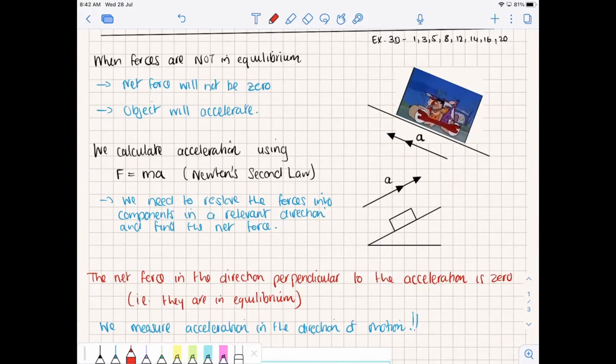Now, if the acceleration was not in the direction of the slope, let's consider a direction that is perpendicular to the slope. If we had acceleration off in this direction, that would mean that the object is going to move in that direction and would be flying off the slope. I would be very worried if a box just started floating off up into the middle of nowhere.